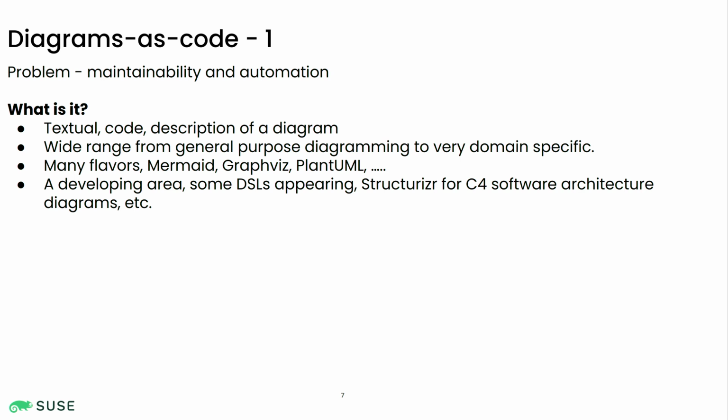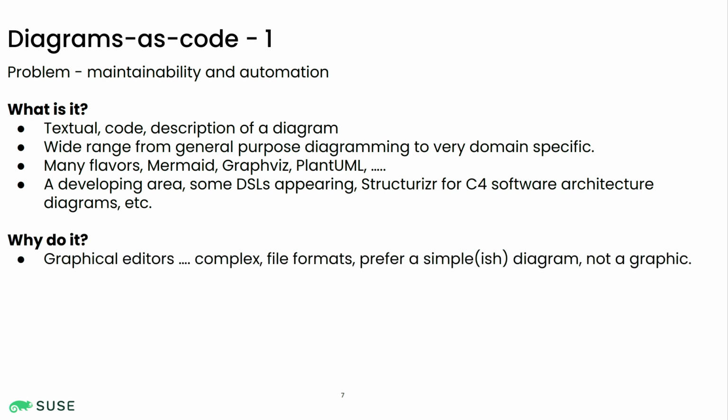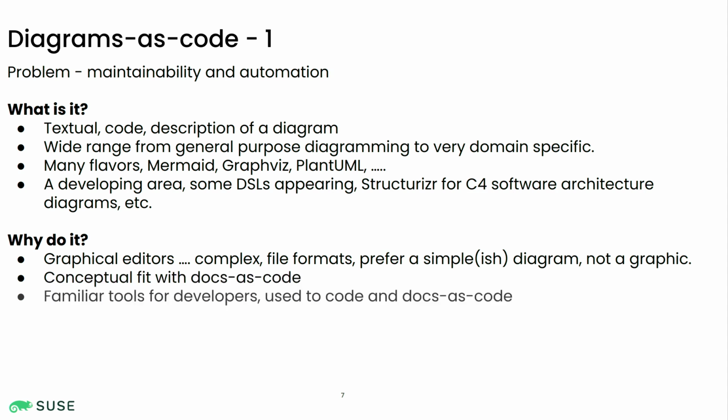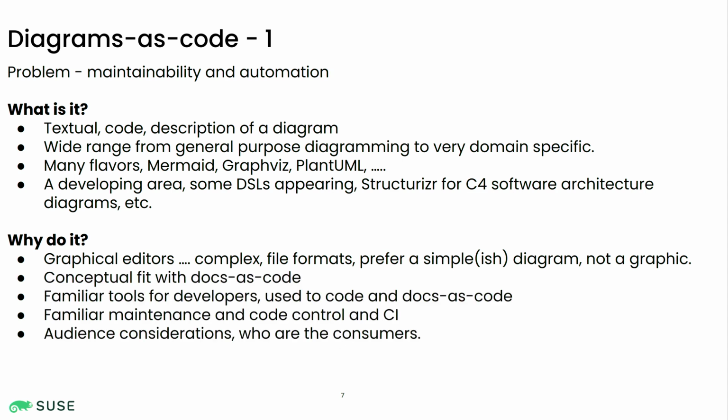So I inherited the documentation for a project called Kubewarden, and this diagram was done maybe 4 years ago. What existed was a PNG file, and there was an SVG file as well.